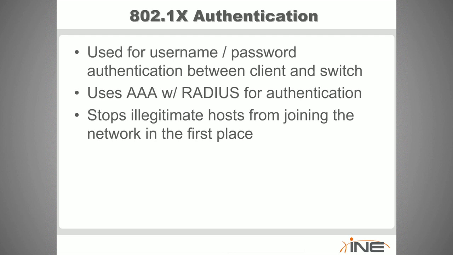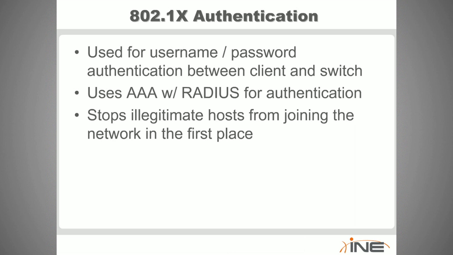Okay, our next solution to prevent some of these types of problems is to first off make sure that the user is legitimate and they're supposed to be on the network in the first place. Now, this is a very common protocol that is used with wireless authentication, known as the 802.1x authentication suite.